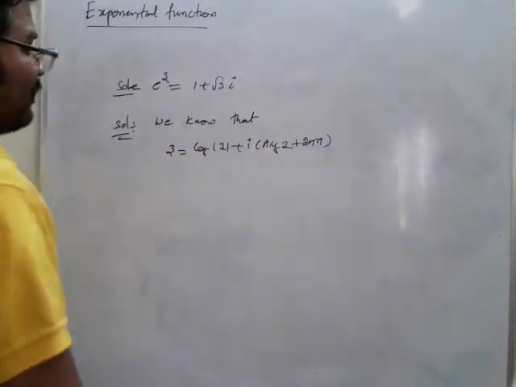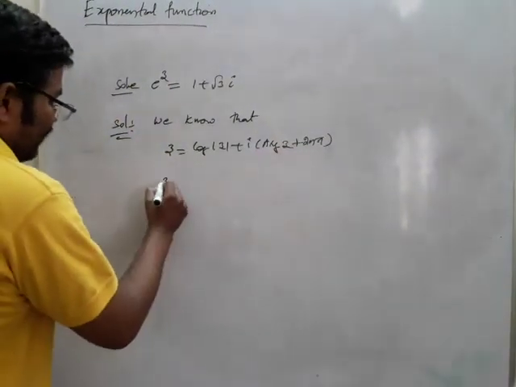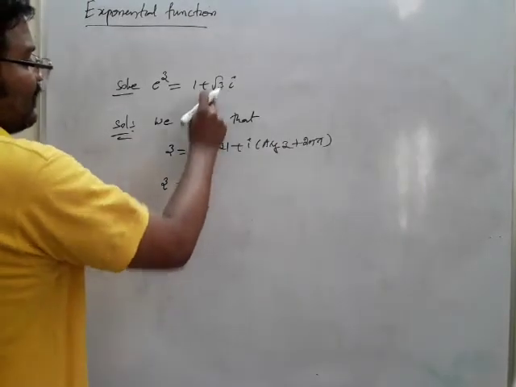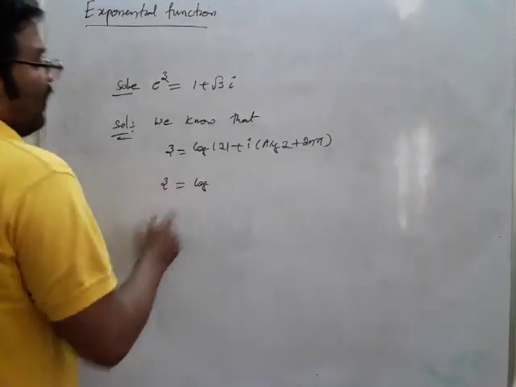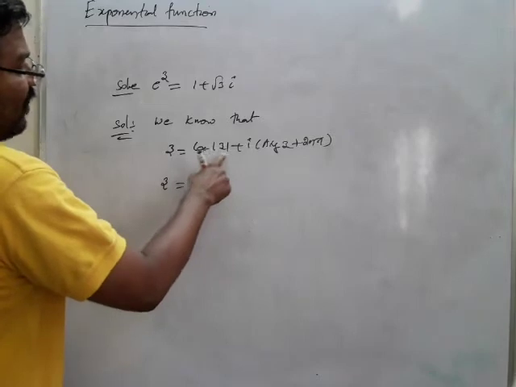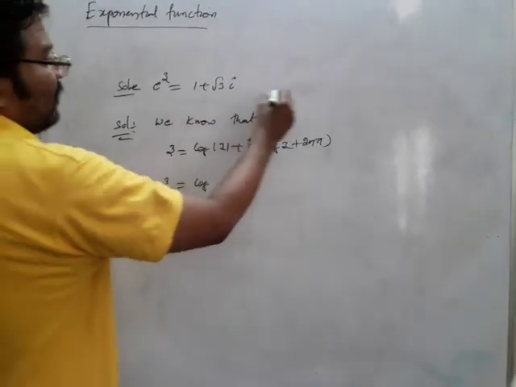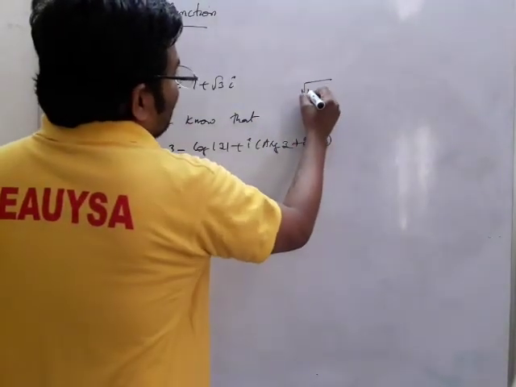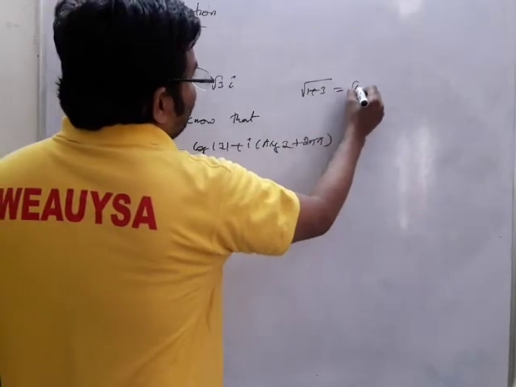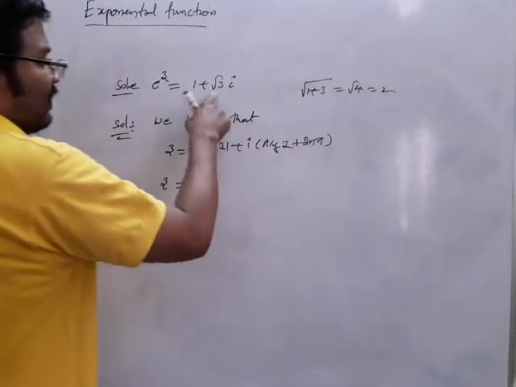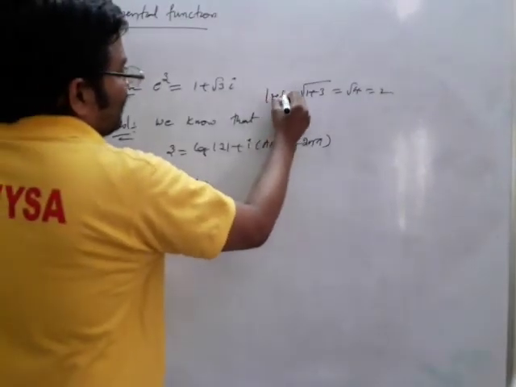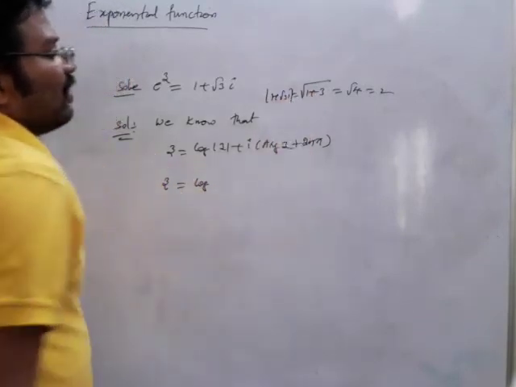Now, what is mod z here? 1 plus 3 is equal to 4, and the square root of that is 2. So mod of 1 plus root 3i is equal to 2.